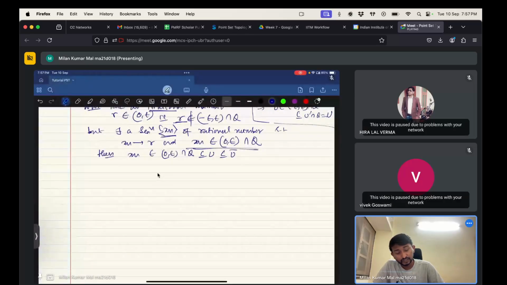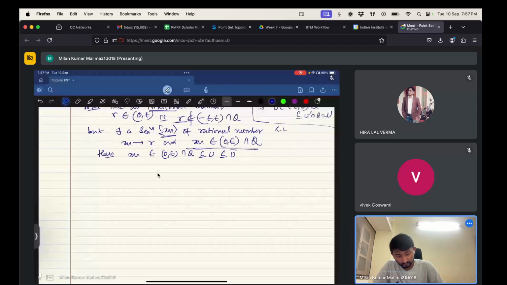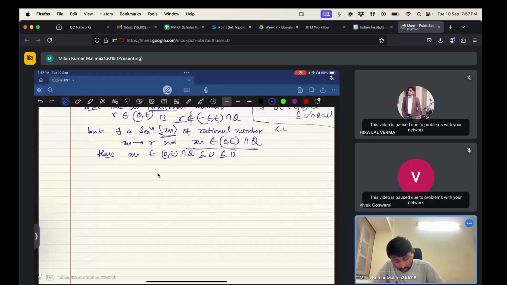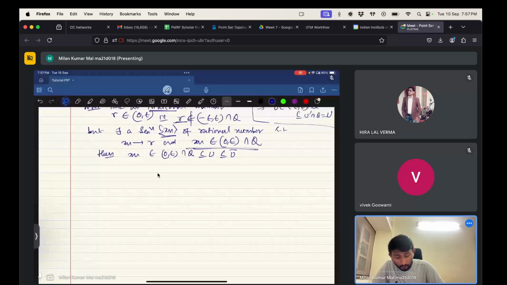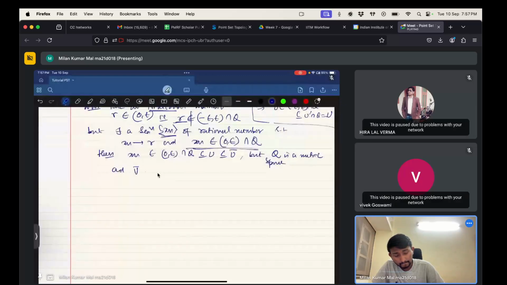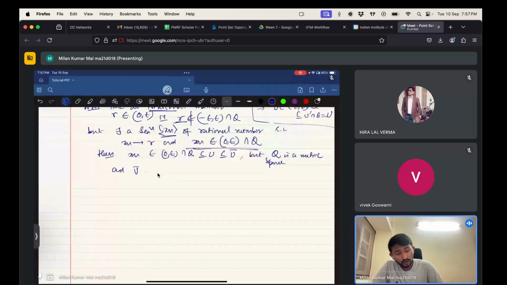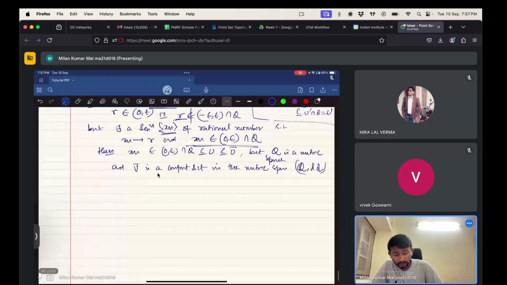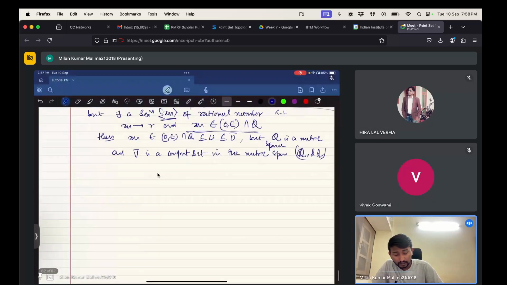But Q is a metric space and U closure is a compact set in the metric space Q. That means any sequence in U closure must have a convergent subsequence.